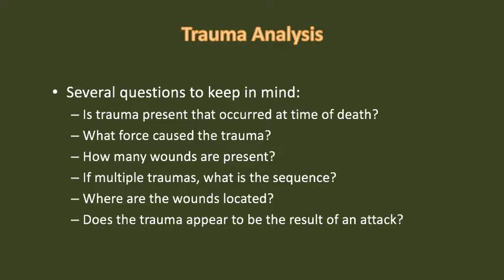Do you have some fractures that are overlying other fractures? Where are the wounds located? What can you figure out about the location of the wounds? For example, if someone was attacked using a knife, they're going to potentially have sharp force wounds to their hands and forearms. Those would be defensive wounds. So looking at where the wounds are located is going to be an important part of this.